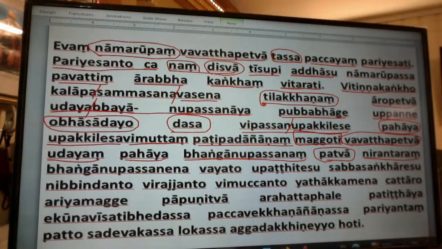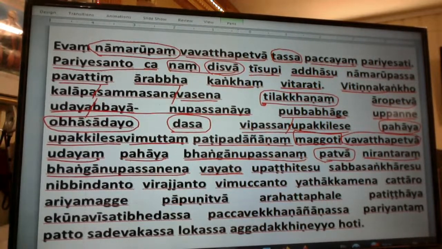The meaning is continuously. Nirantaraṃ, continuously, Bhaṅgānupassanā, contemplating the disappearing of nāma and rūpa.